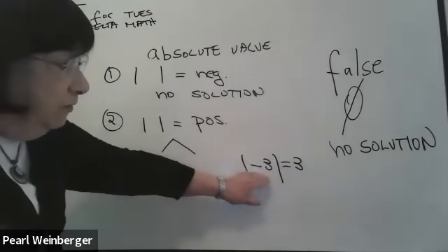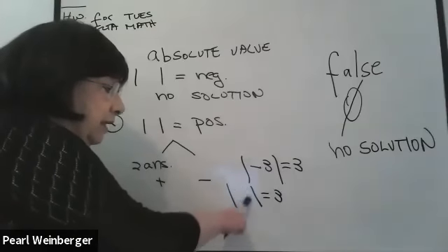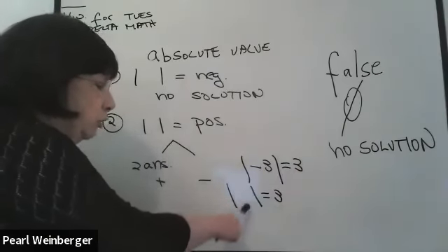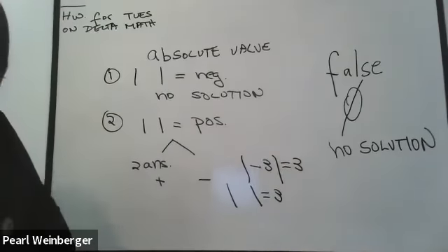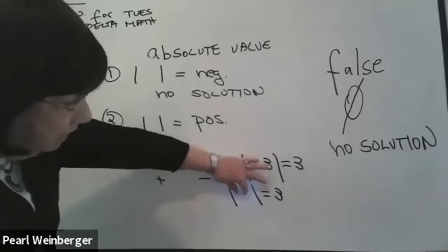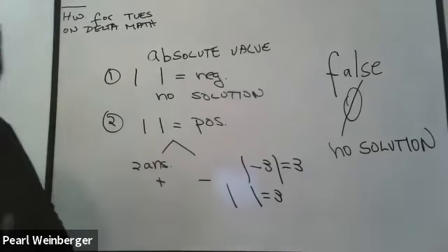But when you are given a positive number, then you've got to have two answers, a positive and a negative. Right, because what could be in here could be positive, it could be negative. Only when I finish it up does it have to be positive. So when I'm looking for X, I'm looking at what is inside here before I did that absolute value. So the X can be positive or negative, so that's why we need two answers.